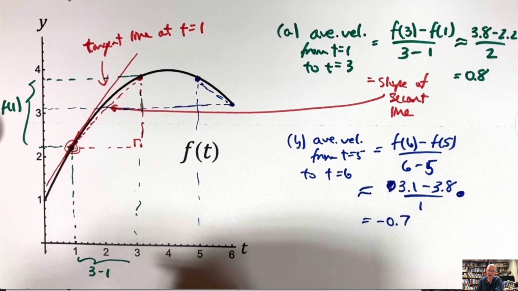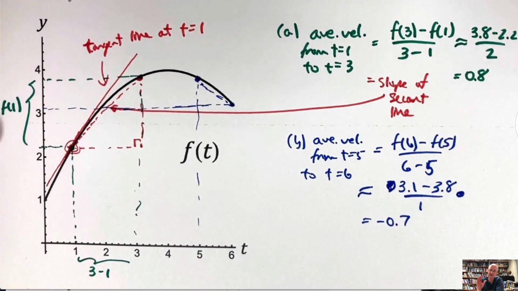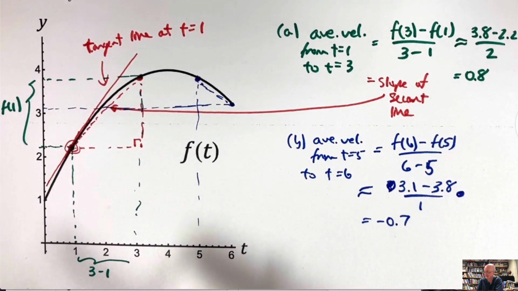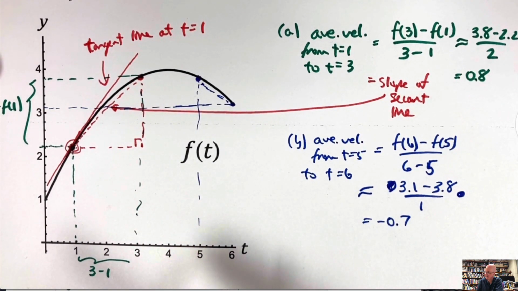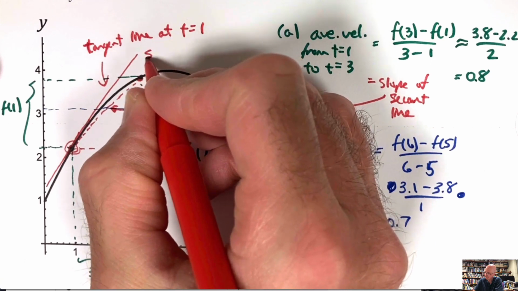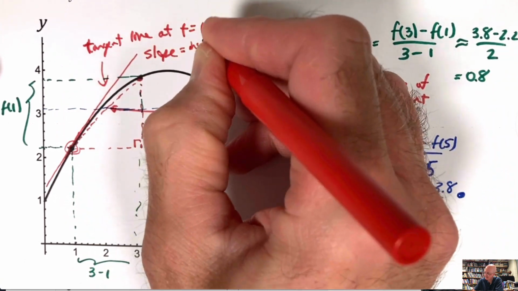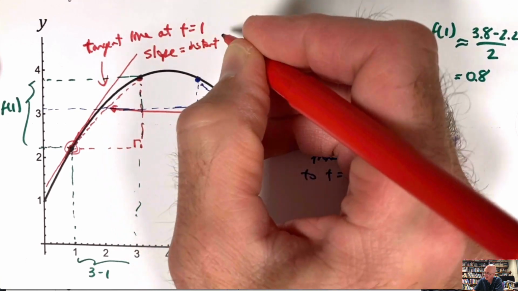Okay, that's the best description, and even that's not perfect because it's still a little bit vague. Like, what does it mean to be the line the curve looks most like? You have to define rigorously what that means. Anyway, its slope is the instantaneous velocity at time 1.